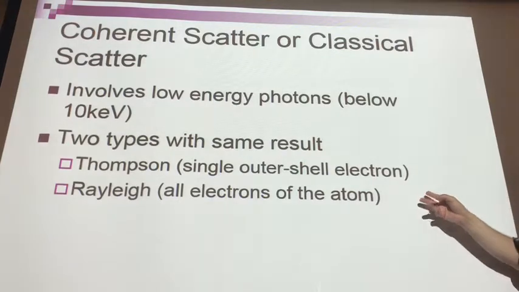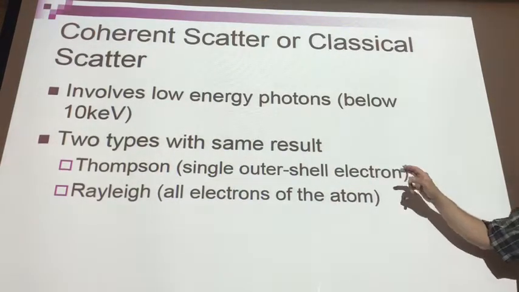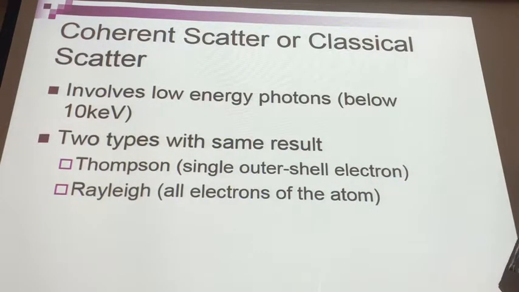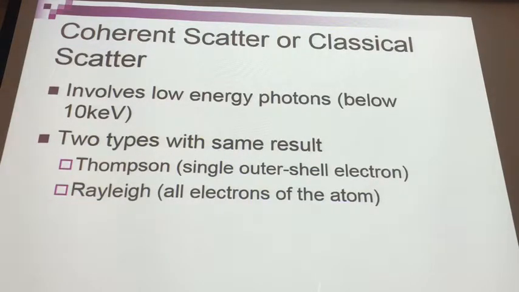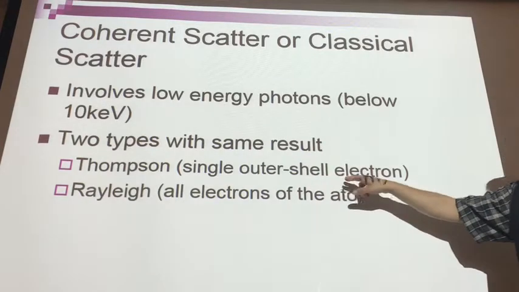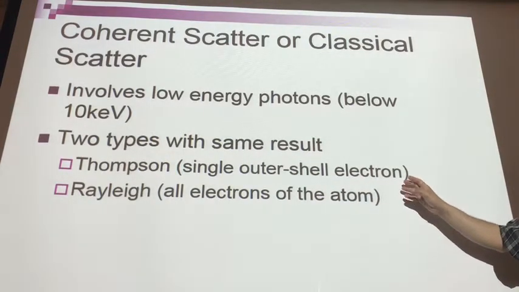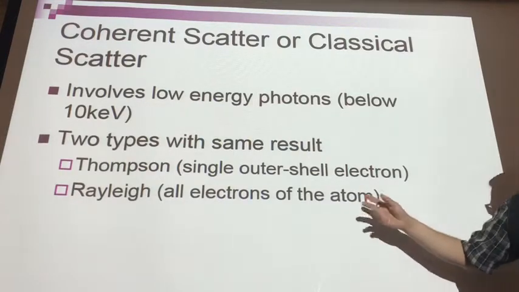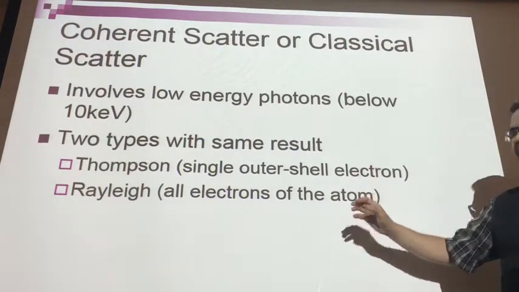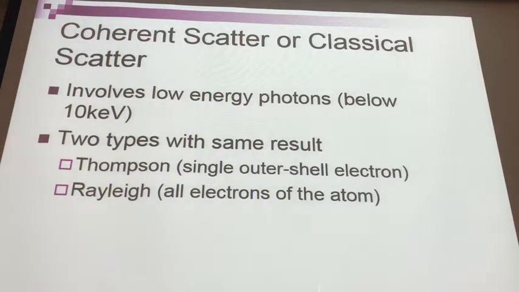One is called Thomson, and this is when the photon interacts with a single outer shell electron. The other is called Rayleigh, which interacts with the whole atom. The most common of the two is Rayleigh.